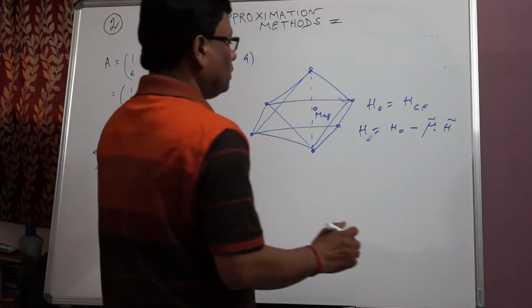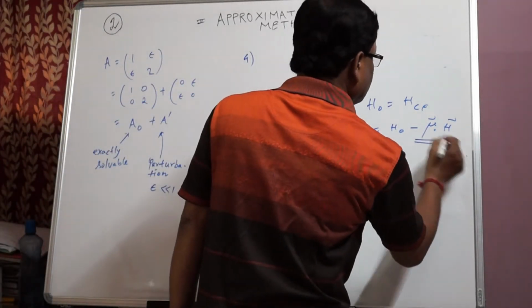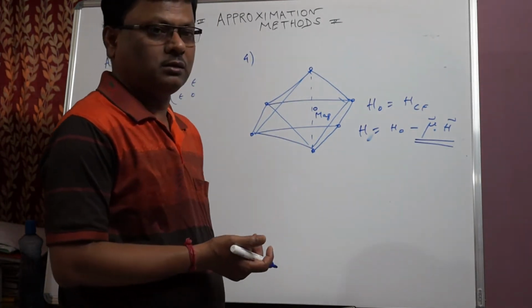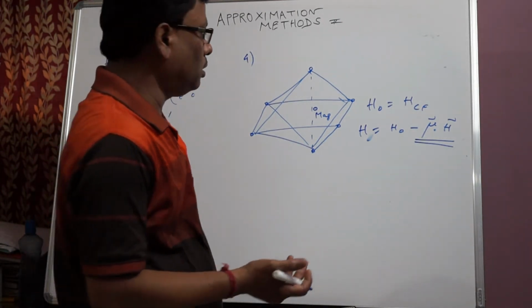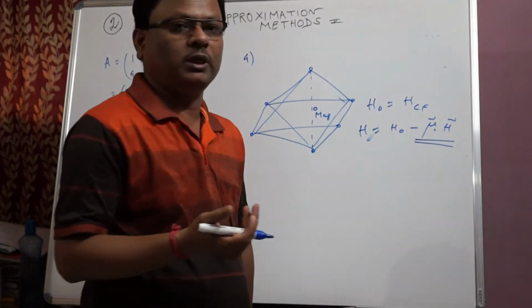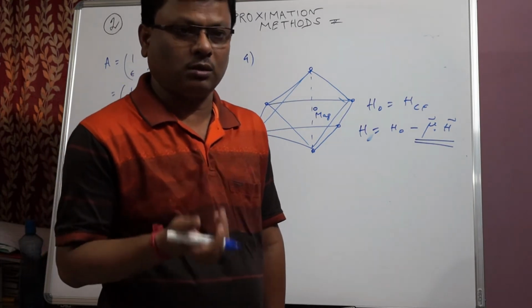If this part, which is called Zeeman energy, is sufficiently small compared to the crystal field energy, then we can apply the perturbation method.